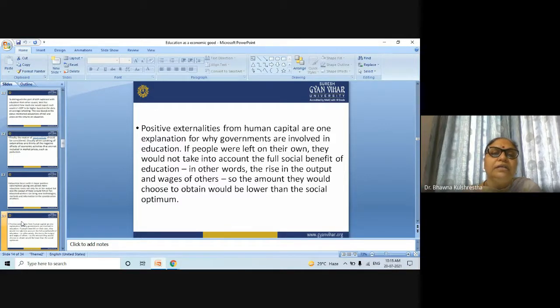And these are the positive externality in this type of social optimums.